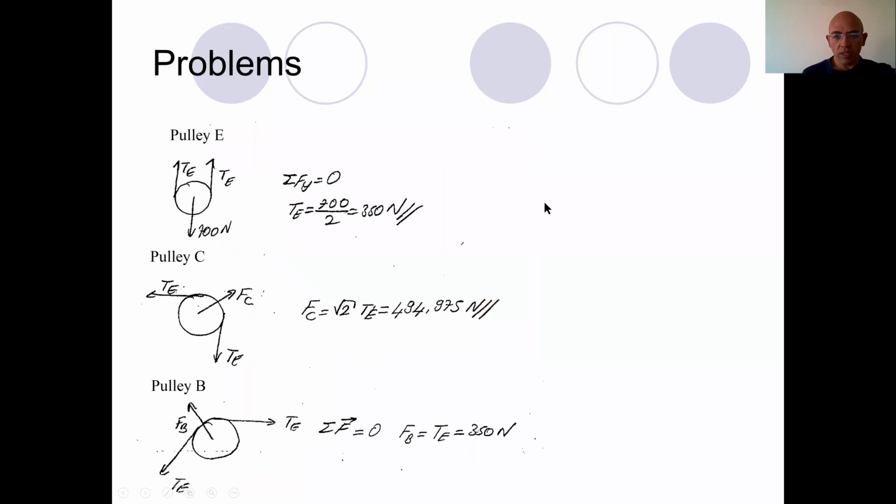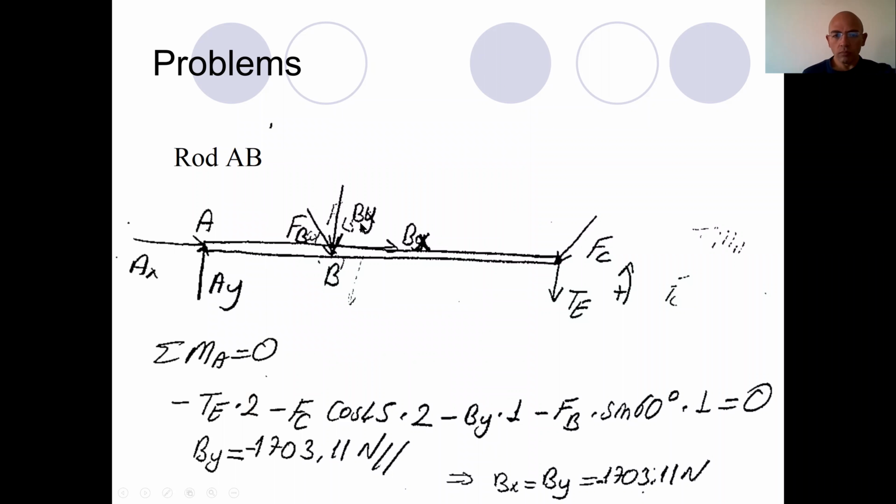Now let's draw the free body diagram. So we have FB force which comes from the pulley. It makes an angle of 60 degrees. We have By. I choose the direction in negative Y. And then we have Bx. I choose it in positive X direction. We have FC, which comes from the pulley.